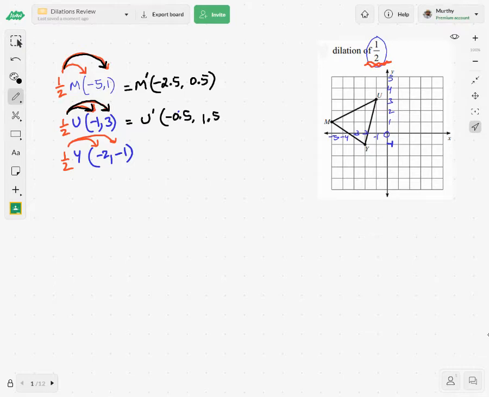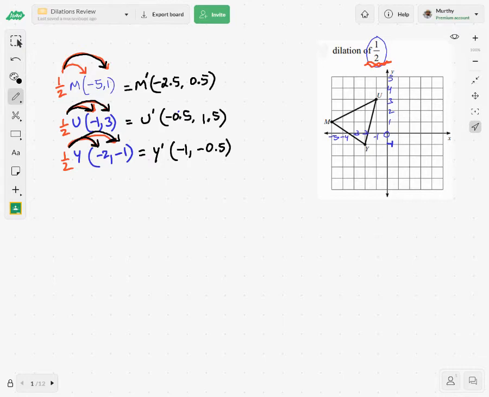You may make use of a calculator. Then coming to the Y prime values, half of -2 gives me -1. Then half of -1 gives me -0.5.